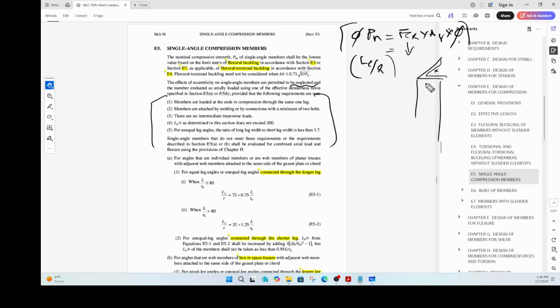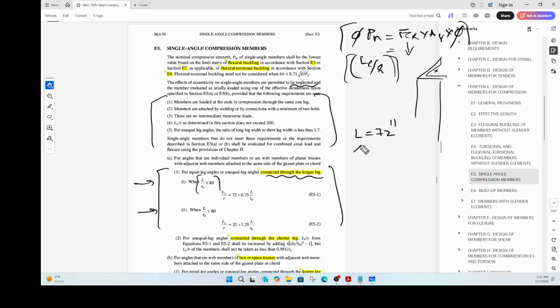Okay, so that means we are trying to amplify the Lc/r value and then make our life easier. Okay, how does that amplification happen? Amplification happens in this particular section. Your columns are connected to the longer leg. You will have to see if you fall here or here and pick up the right equation. In our case, I think the length of the angle was 72 inches, right?